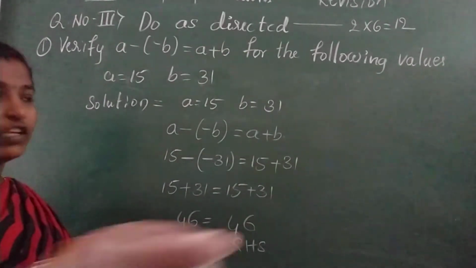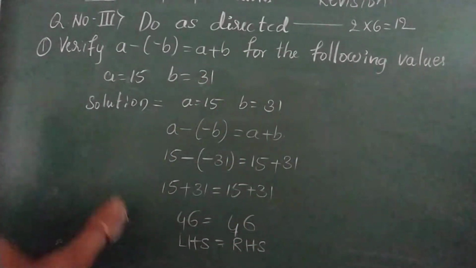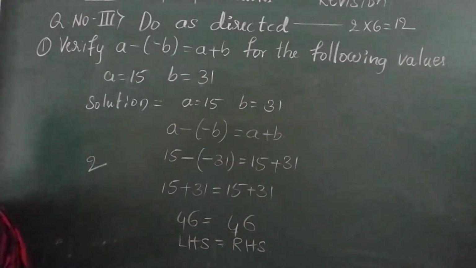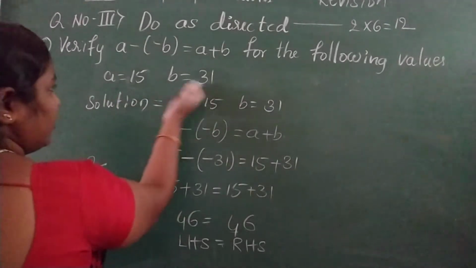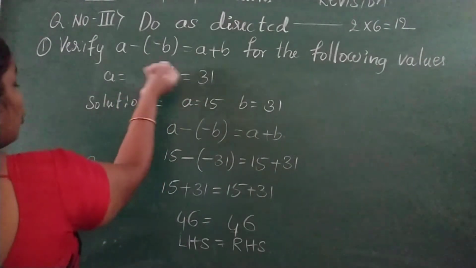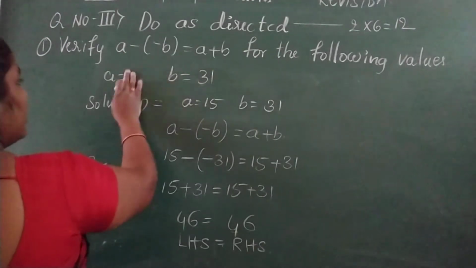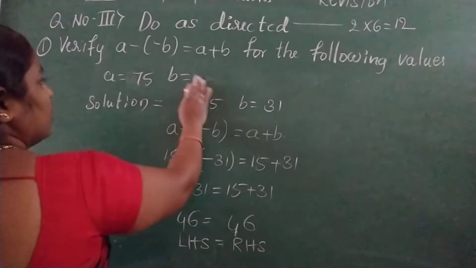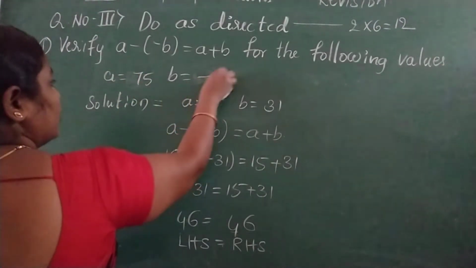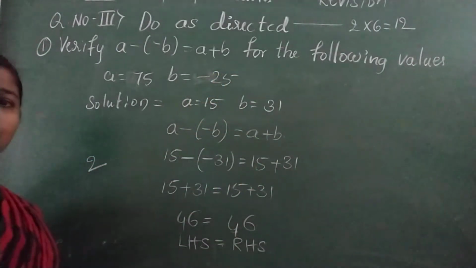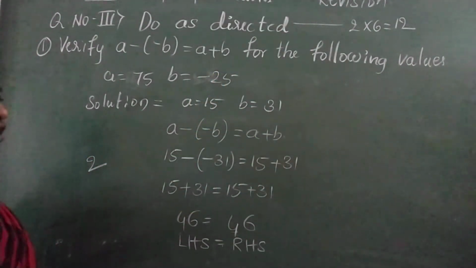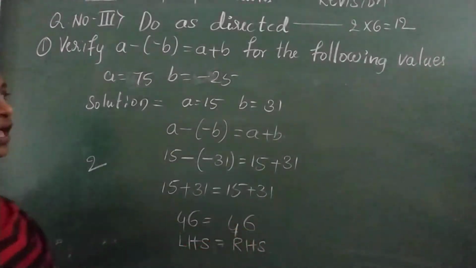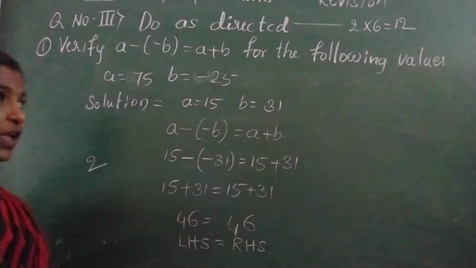If you write this much, you will get 2 marks for this. Sometimes here I have taken 15 and 31. You may get another number, 75 or minus 25, like this. That time also, you should verify whether you get LHS is equal to RHS or not.